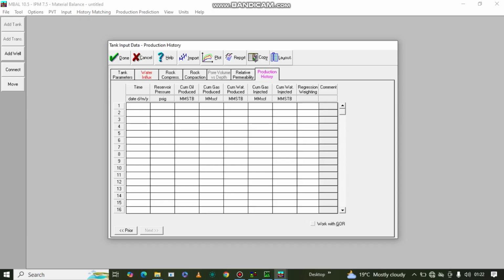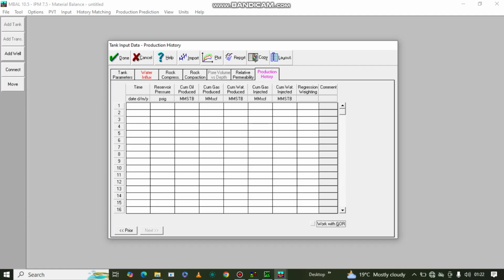But if we have it according to the data that you've been provided, you input it from here. You select each date and the reservoir pressure that you had, cumulative oil produced. Now and again, you can input it from this part, or you can come down and work with the gas oil ratio. If you have gas oil ratio, you can see cumulative oil or cumulative gas produced.